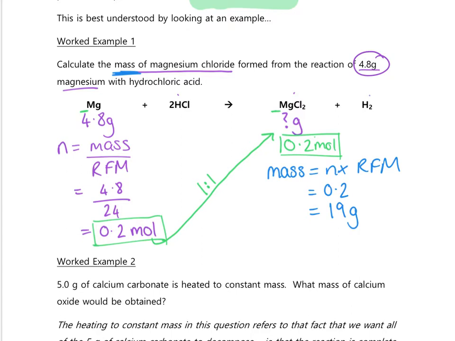From 4.8 grams of magnesium, I can produce 19 grams of magnesium chloride. But I had to first convert my mass of magnesium into moles, bring that over to the magnesium chloride, and then convert it back to mass by multiplying by the RFM of magnesium chloride.